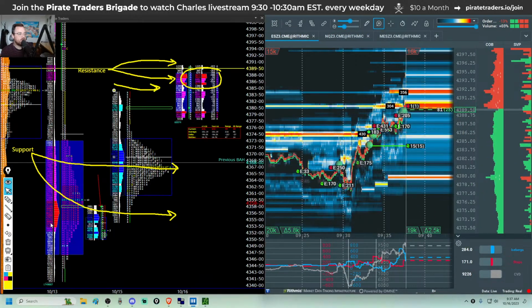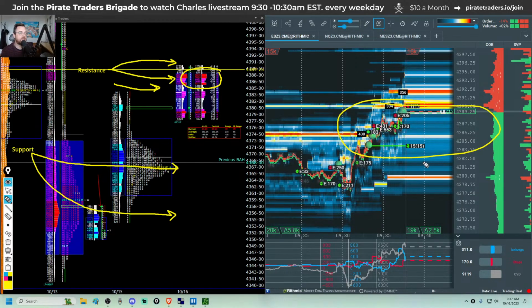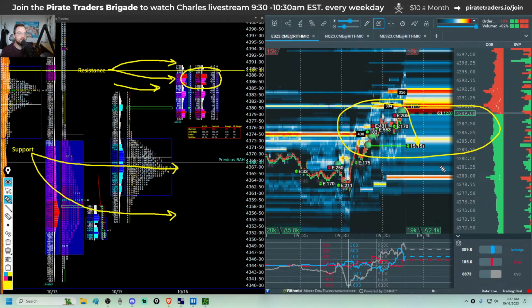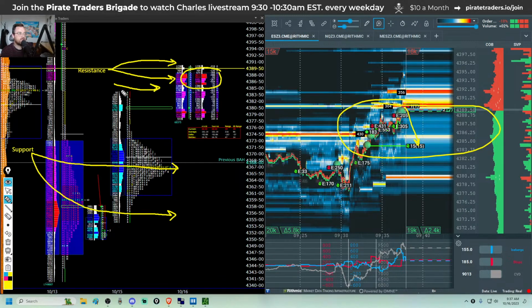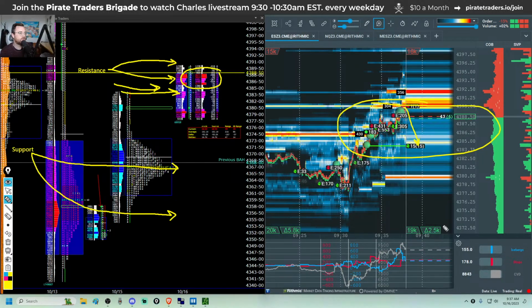I'm recognizing that we are still in one of these bot shenanigan zones, playing tug of war here. So I do assume we're going to come back down and test this iceberg at 43.84 at least one more time to test that overnight high for support. And we'll see if it can hold.